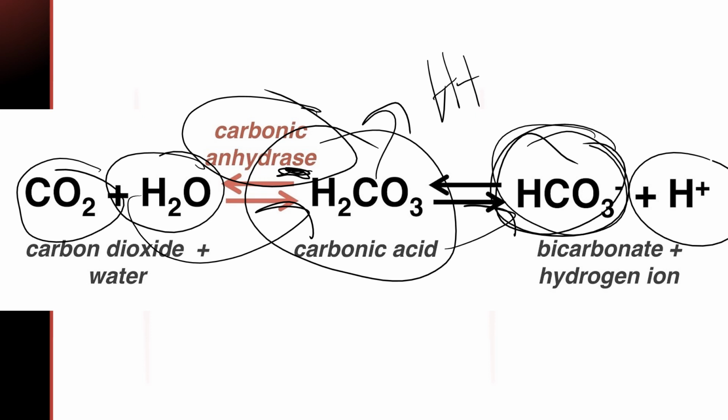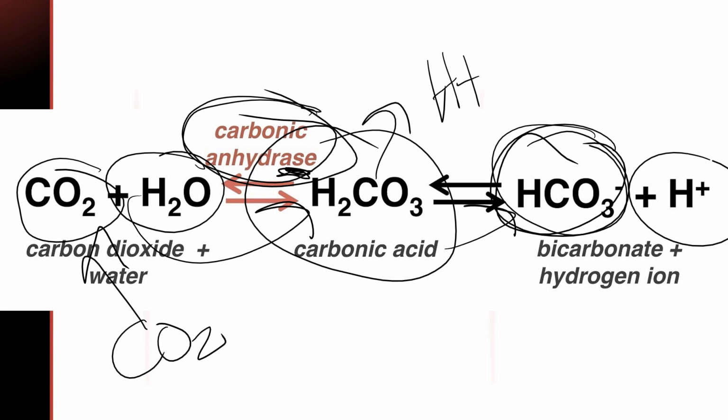So what happens to carbonic acid, what we say, is that it dissociates into a hydrogen ion and bicarbonate. Another way of saying that is carbonic acid becomes bicarbonate and a hydrogen ion. However way you want to say it, that's what's going to happen here. Once carbon dioxide enters into the red blood cell, inside of the red blood cell there will be this enzyme, which is carbonic anhydrase.